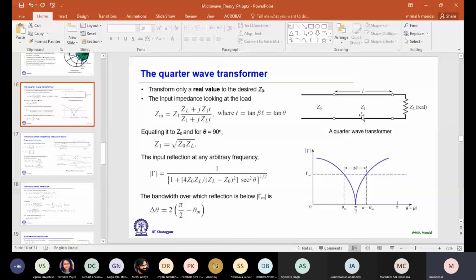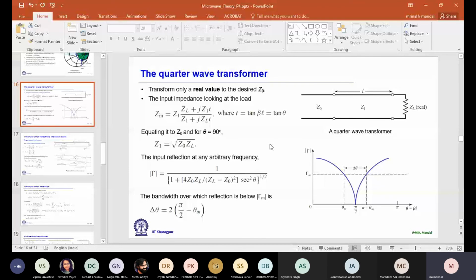So Z1 and load is ZL, then (ZL plus jZ1 tan theta) by (Z1 plus jZL tan theta). Now, if I put theta equal to 90 degrees, then Z1 simplifies to square root of Z0 into ZL. This point you also learn in EM theory.